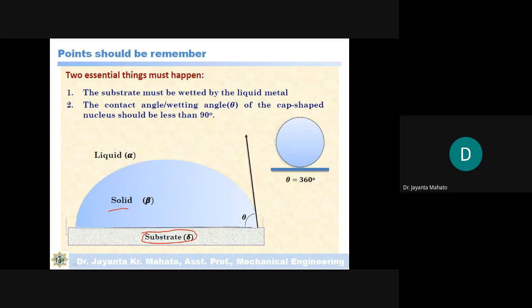These parts are solid, and this is the interface between the liquid and solid. So the solid forms like a bubble, a semi-spherical shape.